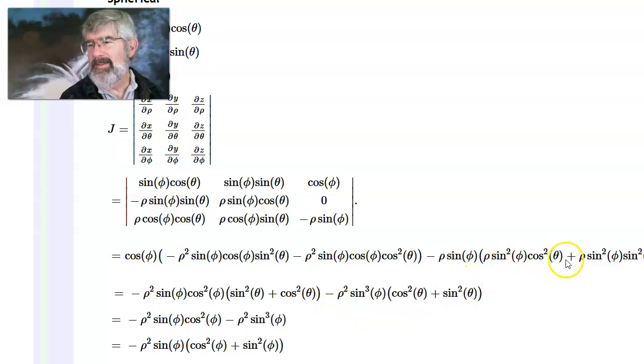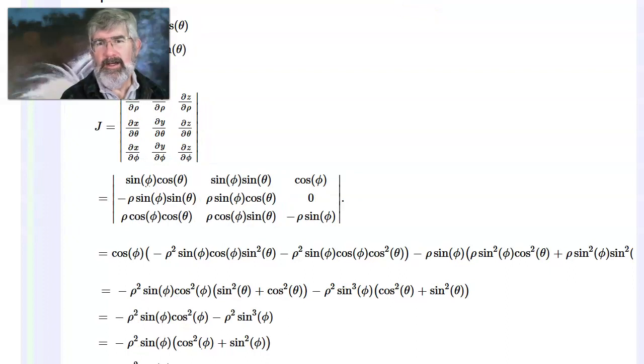In the second term, we've got to move over a little more to see the end of that. Anyway, there is a rho sine squared phi, which is in both of those, and I'm factoring that out to do the rho sine phi that's already out there, so I've got a rho squared sine cubed phi. What's left is a cosine squared theta from this first part, and this is a sine squared theta, which is just off the edge of the page there.